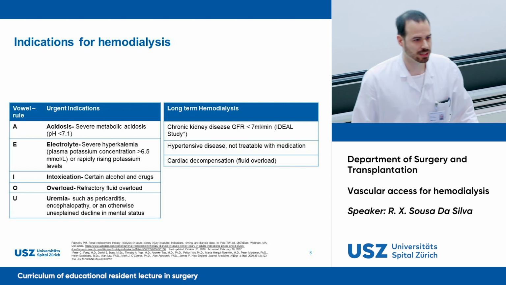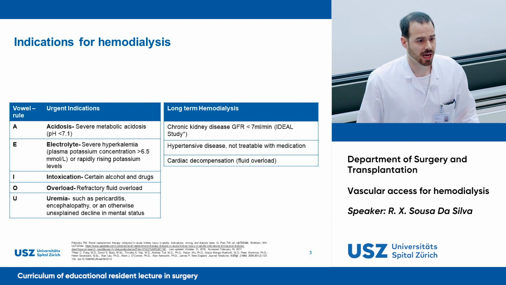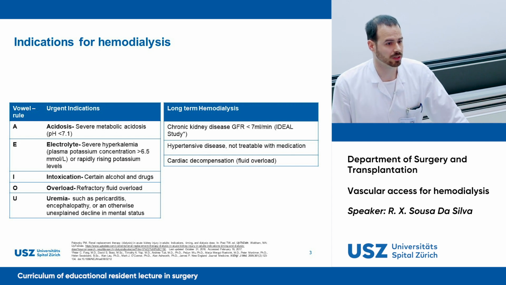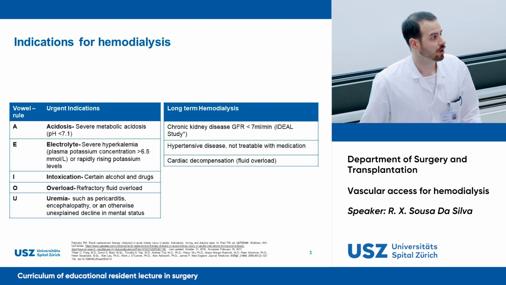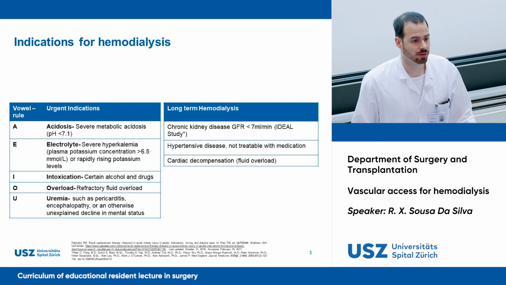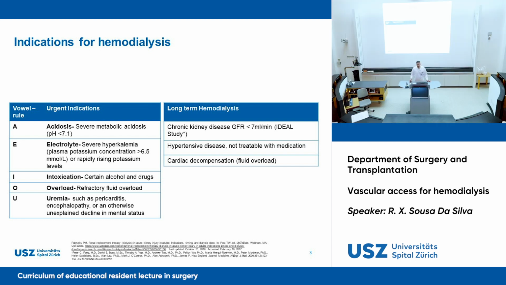E for electrolyte disbalance, for example, plasma potassium that is high or rapidly rising. I for intoxication, especially with certain alcohols and drugs. O stands for refractory fluid overload. And U for uremia, for example, pericarditis or encephalopathy due to uremia.